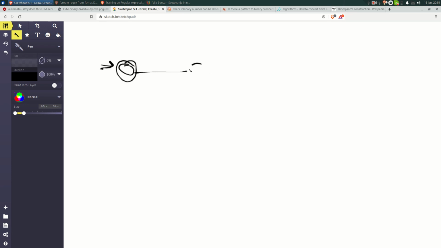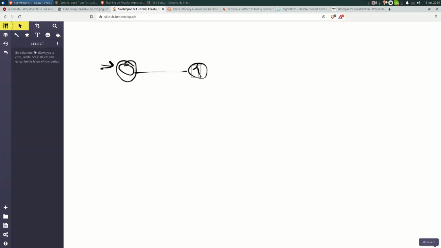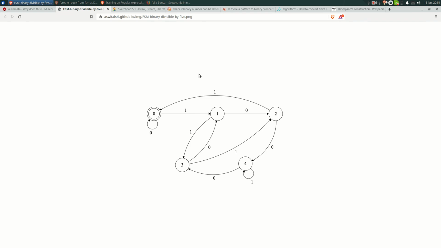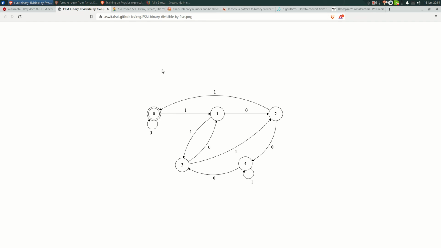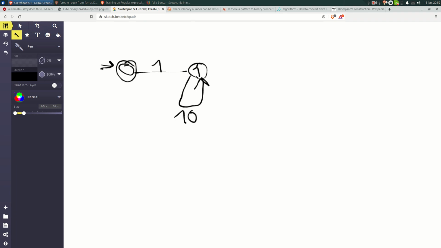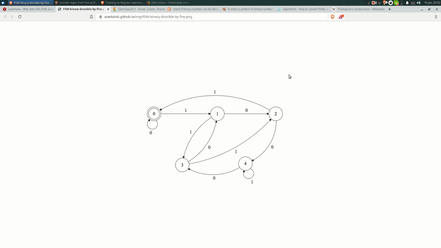So this is 1, and what we do is you can go like this with 1 and 0. Here's 1, and that's about it for 1. And there is the second one, which is also pretty simple.